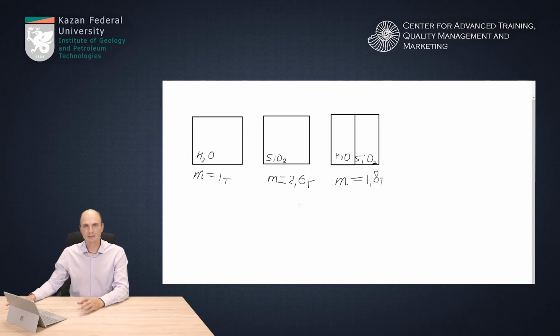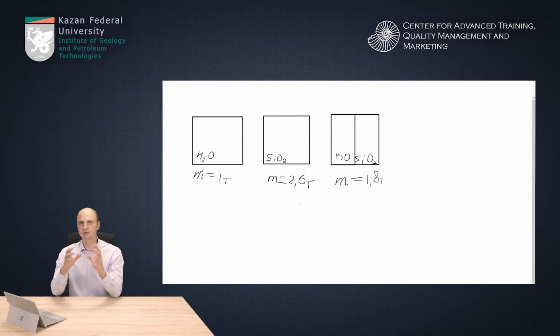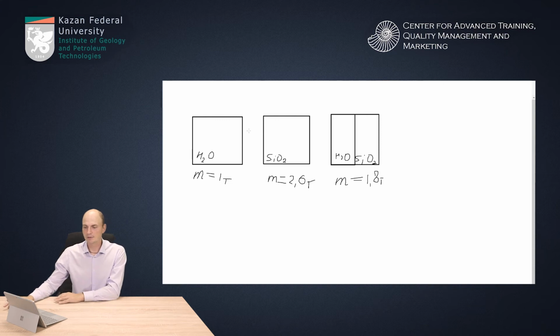And now let's calculate porosity. What is porosity? Porosity is a measure of the volume that is filled by fluid. So in the case of the cubic meter of water, porosity is equal to 1 or 100%, because the whole volume of this model is filled by water.